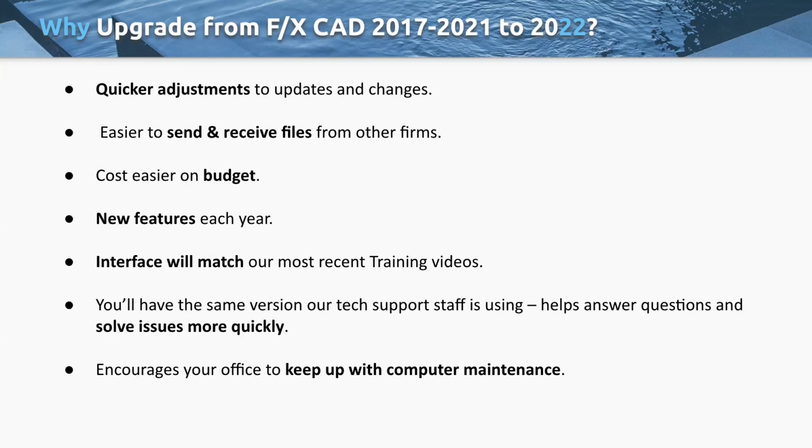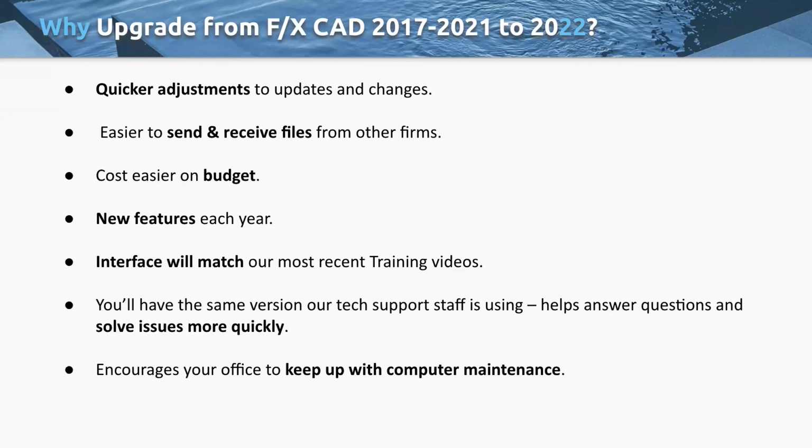I talk to people quite often who have jumped for 5 years, from say 2017 all the way up to 2022, or last year it was people coming from 2016 all the way up to 2021. And even though there's a few key new features every year, if you stack all of those new features together over the course of 5-6 years, it's a little jarring to go to the latest version.